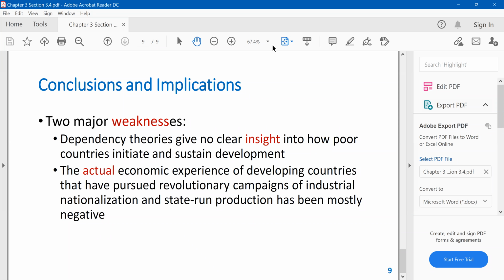For instance, we have countries such as North Korea, countries such as Cuba, and other historically socialist economies. And we observe that the situation in these countries was not that good. Okay, in terms of living standards, in terms of education, in terms of health.